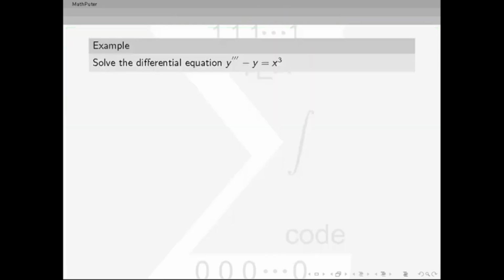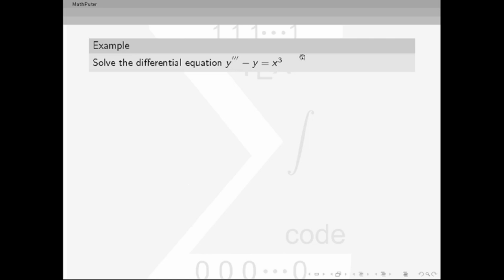Okay, what next? Yes, this is a very important example. Third derivative of y minus y is equal to x cube. Okay, so let us solve this differential equation.